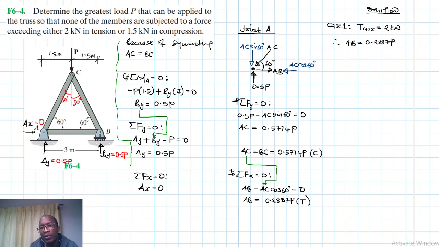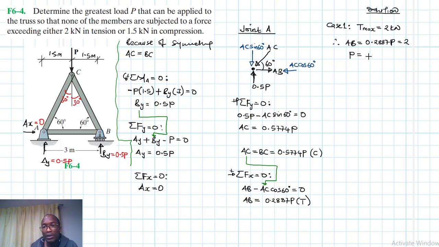So therefore AB is equal to 0.2887 P, which will be equal to 2 kilonewtons, and P therefore in this case will be equal to 2 divided by 0.2887.